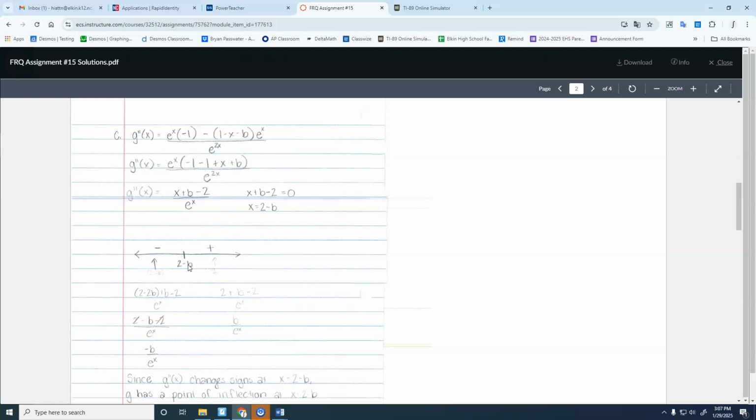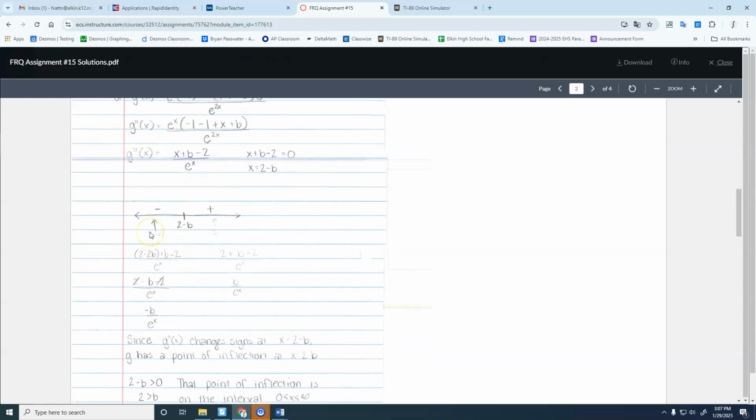So here, I think it told us b was a positive integer. So if I plug 2 into that derivative, I'm going to get b over e to the x. That's going to be positive. To get something smaller than 2 minus b, I did 2 minus 2b, because if I double however big that b was I was subtracting, that's going to be a smaller number.